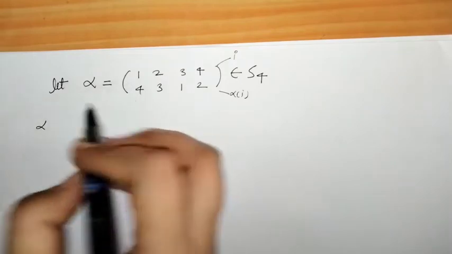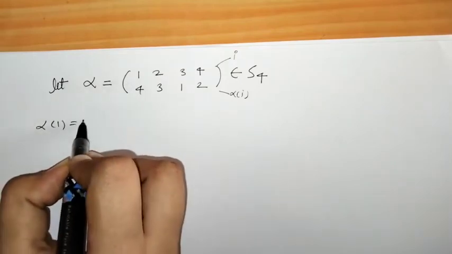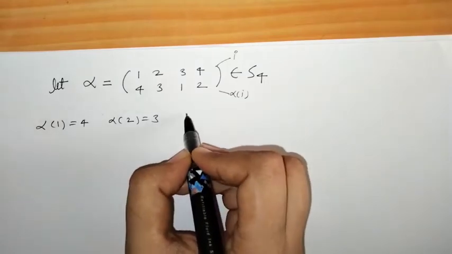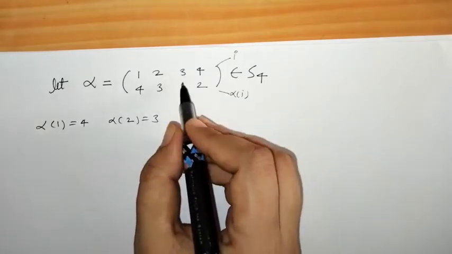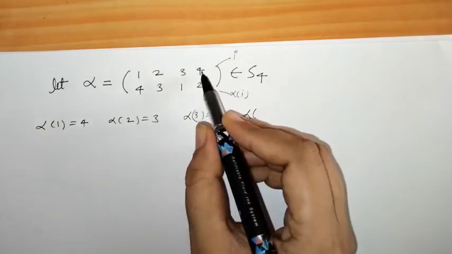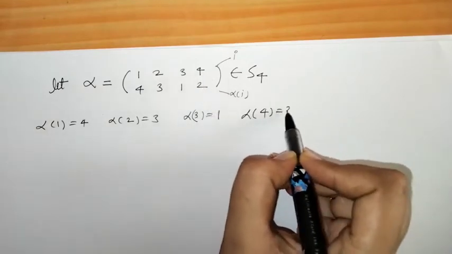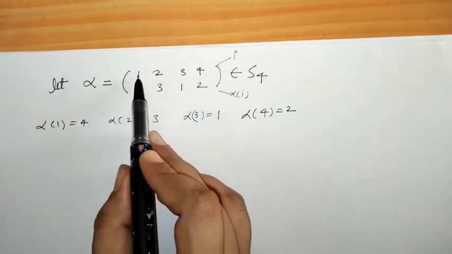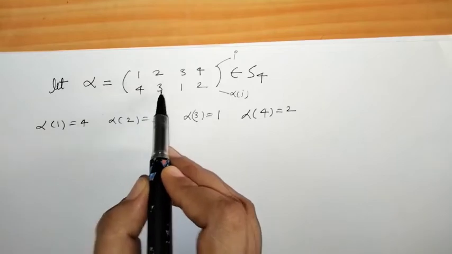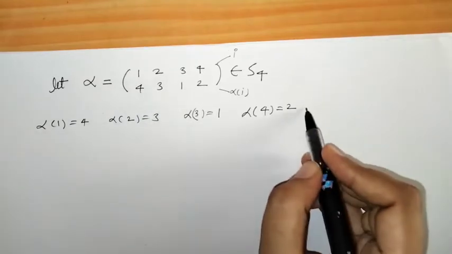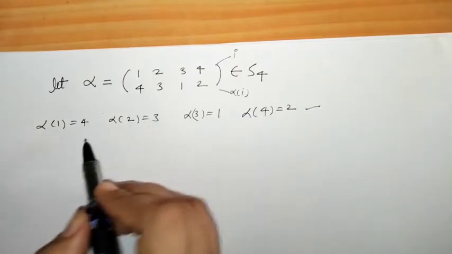That means here we can write alpha of 1 is 4, alpha of 2 is 3, alpha of 3 is 1, and alpha of 4 is 2, right? Yes, in this permutation alpha, 1 maps to 4, 2 maps to 3, 3 maps to 1, 4 maps to 2. So we have written this down here, right?